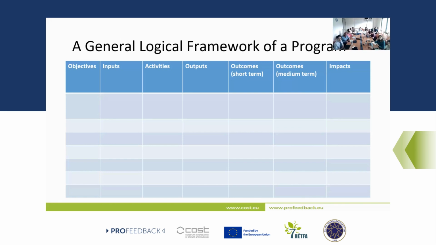For each objective, there should be inputs. Those inputs can be human resources, financial resources, educational resources, materials, whatever you are talking about. Activities are what you do with these inputs, and from these activities, what happens to outputs, and from these outputs, what are the outcomes? Short term, intermediate term, and impact.